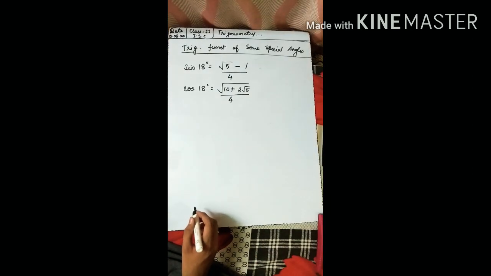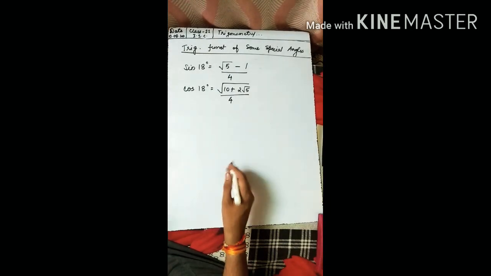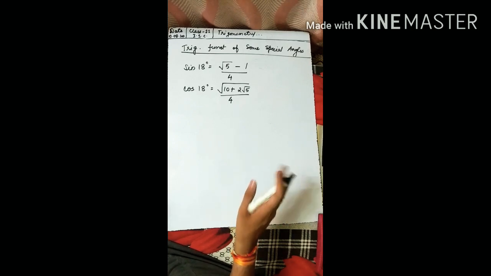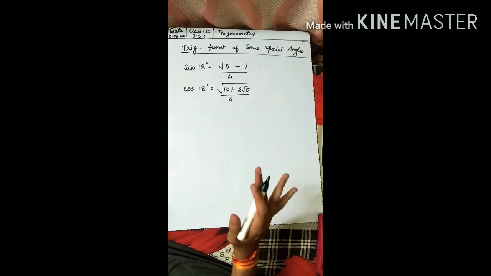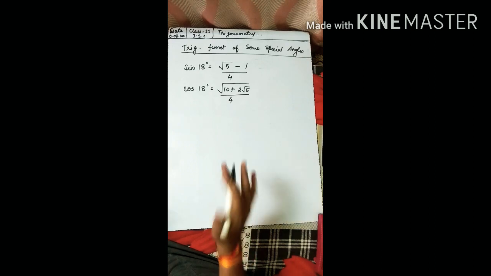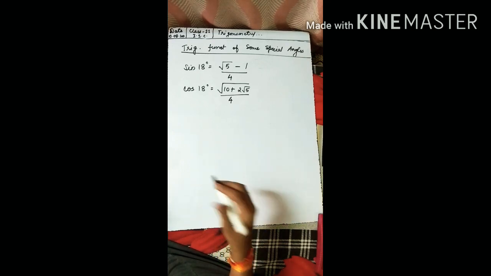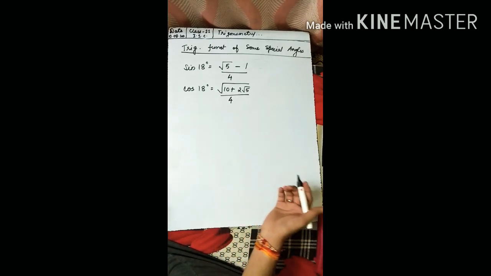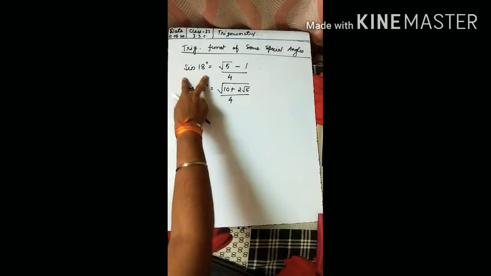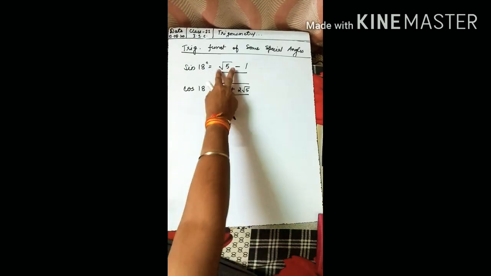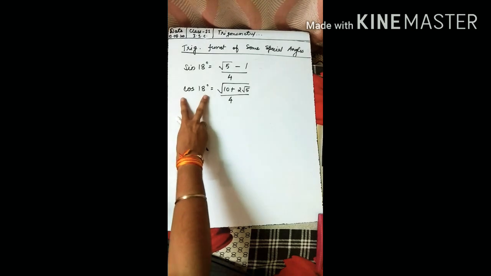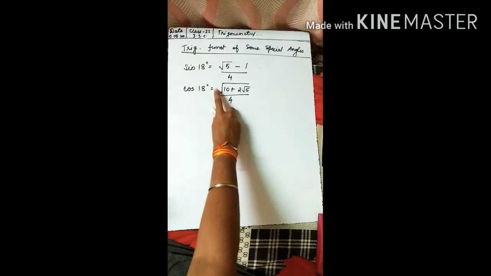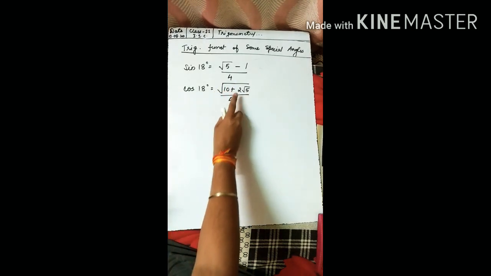Now we are going to see the trigonometric functions of some special angles. Why have we given the name special angles? Because these angles help us in finding some of the other angles. So basically sine 18 degree is equal to under root 5 minus 1 upon 4, and cos 18 degree is equal to under root of 10 plus 2 root 5 upon 4.